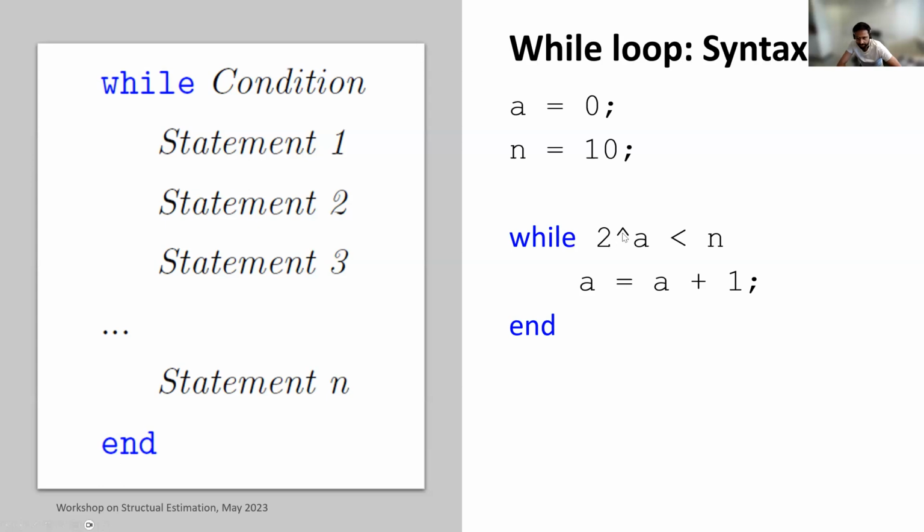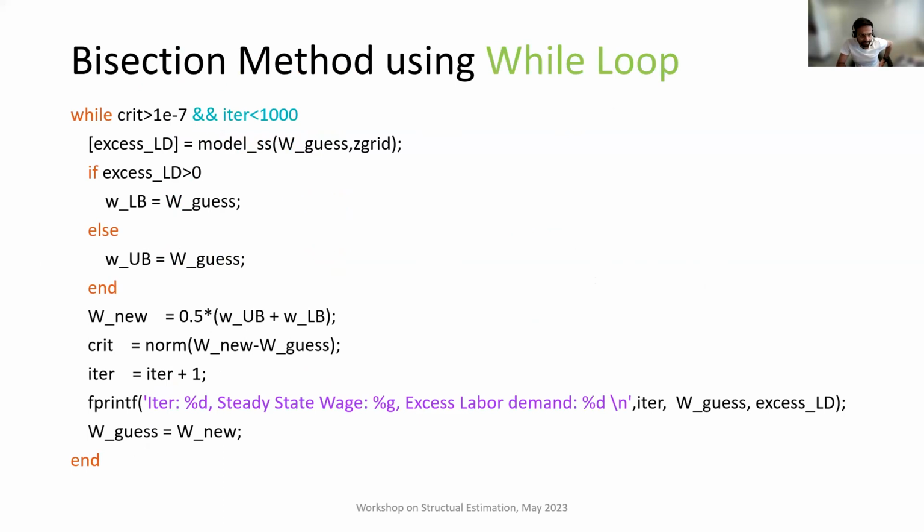While 2 raised to the power a is less than n, always keep on updating a. So it's a combination of for and if else. You can see that this is very useful because we will use it a lot in macro models, particularly when we want to pin down the prices in the economy.